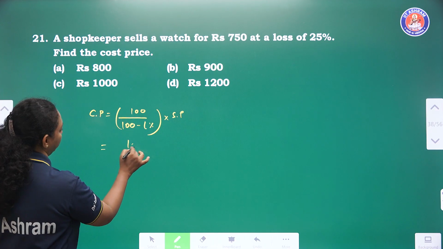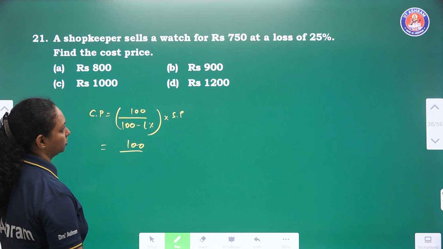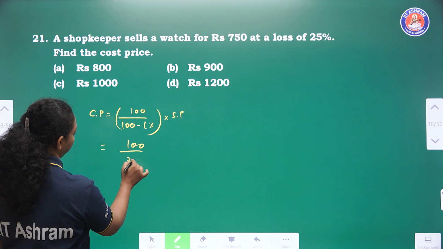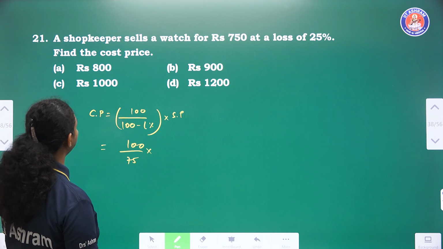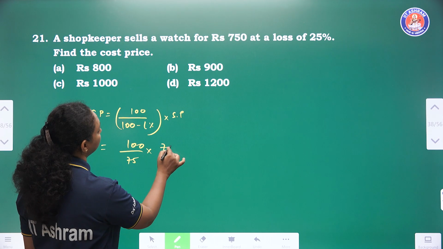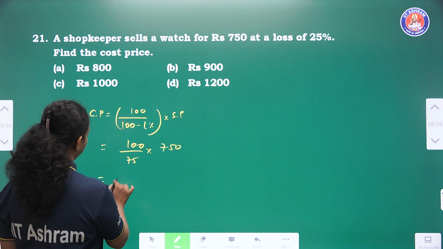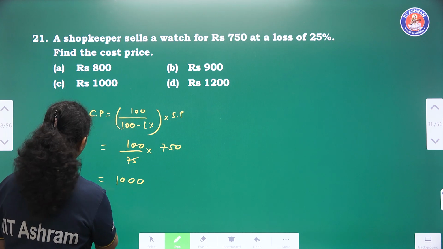So 100 upon 100 minus 25, which is 75, into the selling price. What is the selling price? 750. So when we cancel out, we get the answer as 1000 rupees.